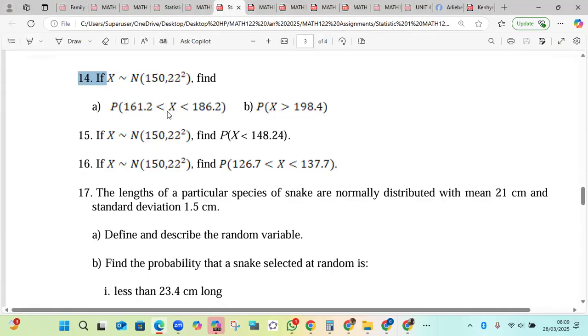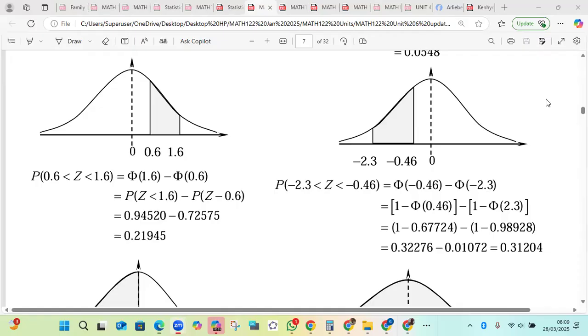So let's get a similar situation to this: an in-between that is to the right of the mean value. Here is an example where the entire shaded region is to the right of the mean value.